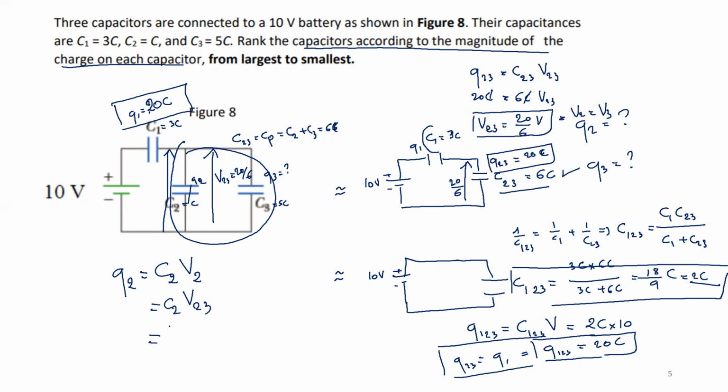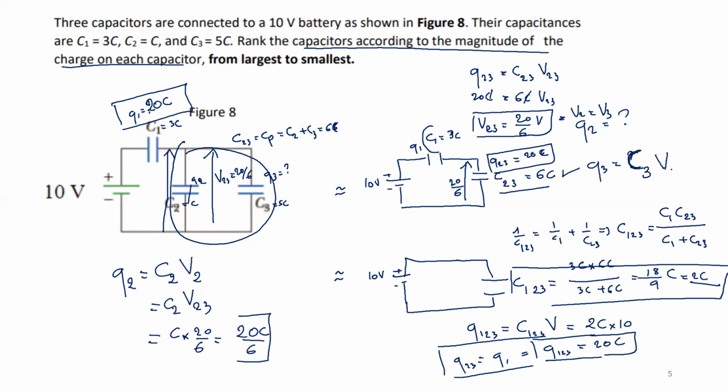So I know C2. What is C2? C2 is equal to C, and then I multiply by 20 divided by 6. So Q2 will be just 20C divided by 6. Now what about Q3? Well, I will use the same trick, which is C3 multiplied by V3.